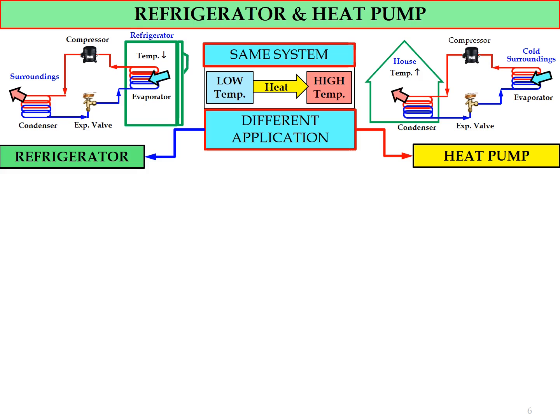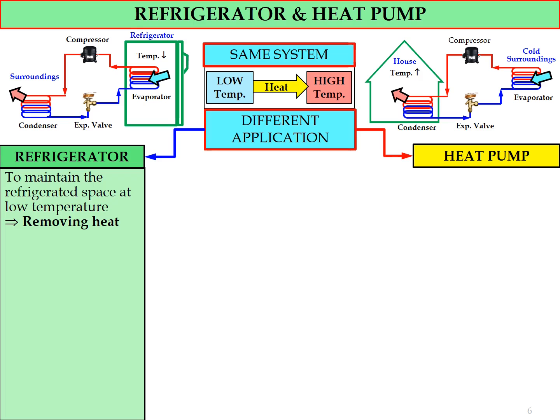Okay, so now we can see that both the refrigerator and the heat pump use the same system, but in terms of application they are different. For the refrigerator, the function is to maintain the refrigerated space at low temperature by removing heat, as shown in this diagram.